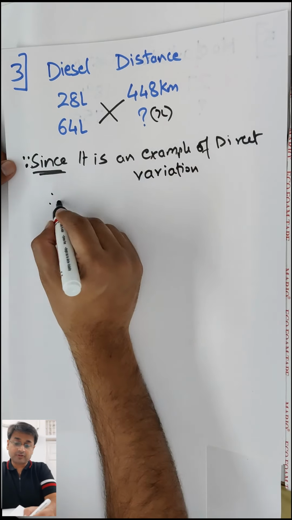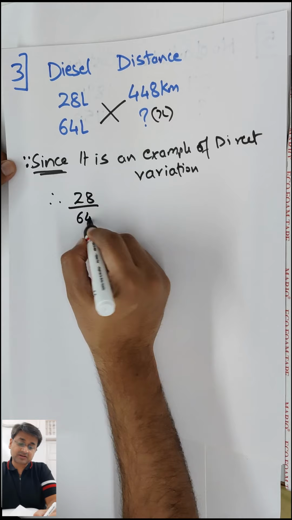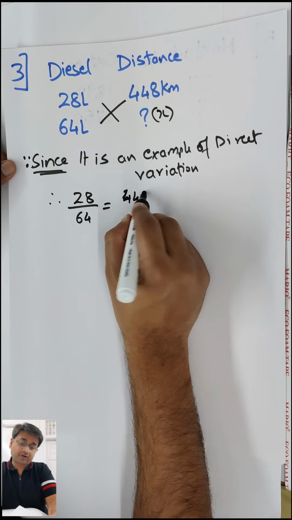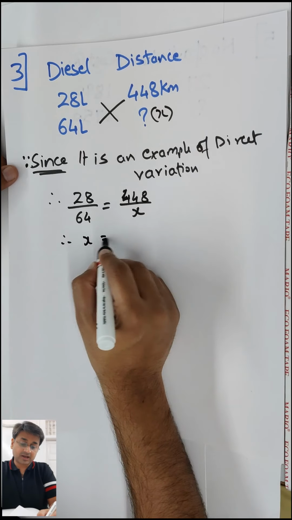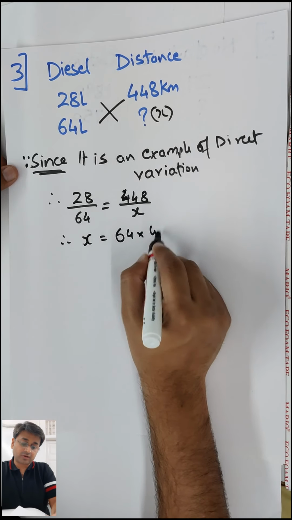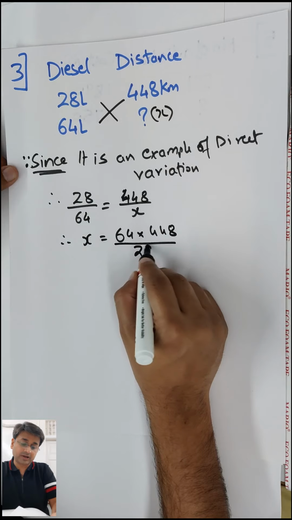Therefore 28 upon 64 is equal to 448 upon x. We have assumed this to be x, and therefore x is equal to 64 into 448 upon 28.